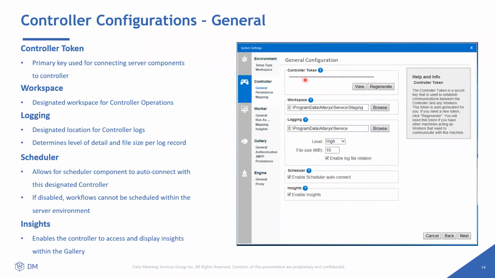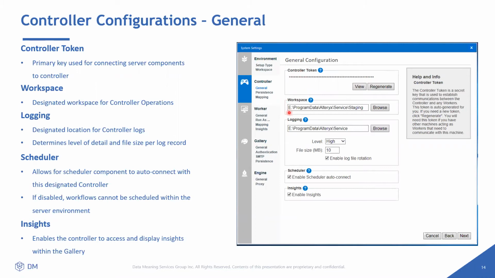But the important thing here, especially if you are building out workers or you're starting to expand your environment, is that this controller token is what connects every other piece of the Alteryx environment together. So if you do need this, go to view, then use that within a particular worker node that you're setting up.